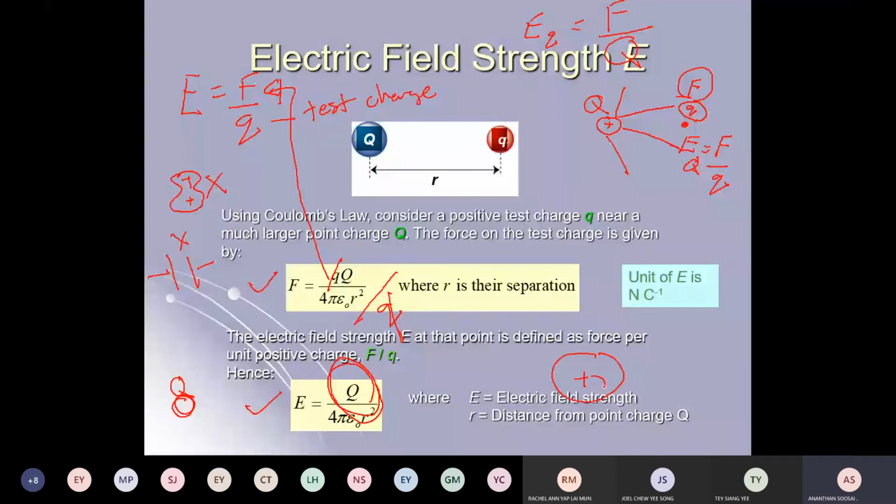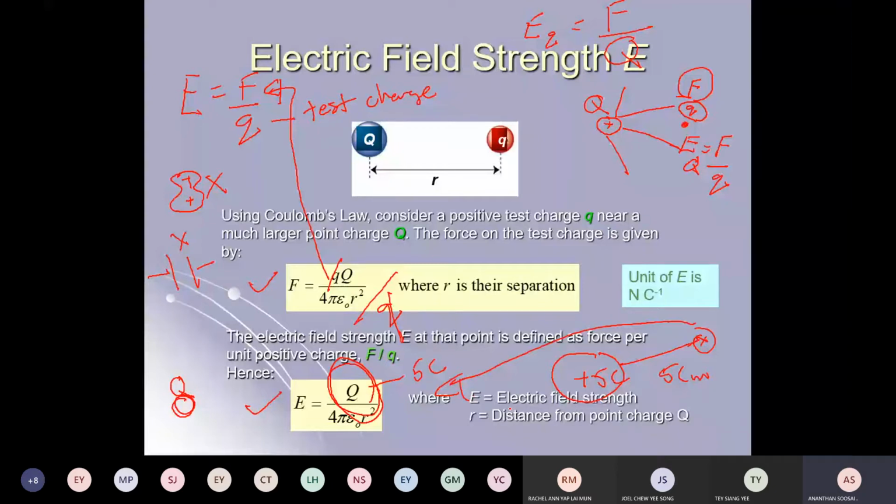I'm asking, 5 centimeter away at this point, what is the electric field strength produced by this charge? You can straight away use this formula now: Q over 4 pi epsilon naught r squared, but the Q you substitute with positive 5 coulomb. Just put 5 coulomb, no need to include the sign, and with the r you can get the electric field strength.